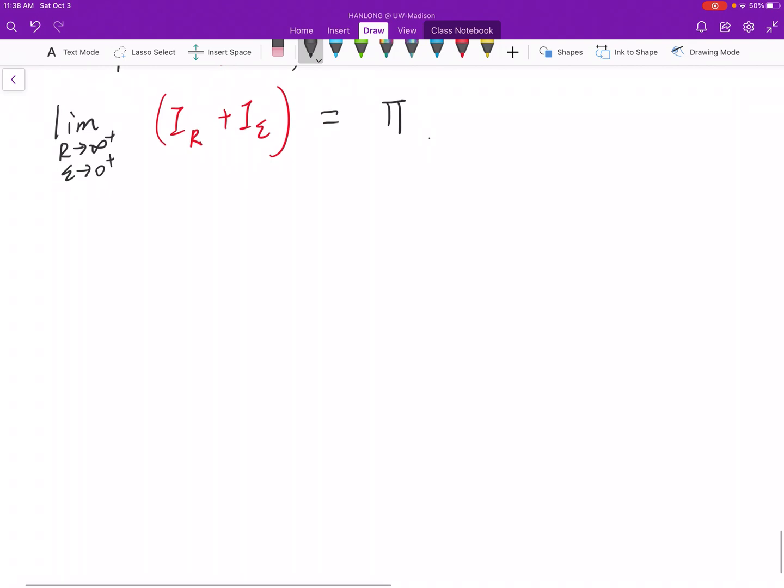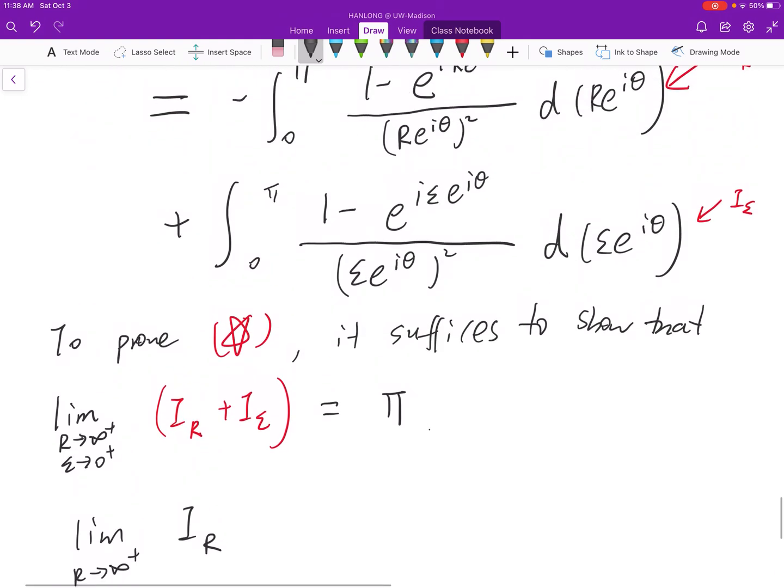Okay, now let's compute this one. First, let's look at the limit of I_R. For this part, it's independent of epsilon, so you don't need to take the epsilon limit. Let's calculate a little bit from the parametrization.